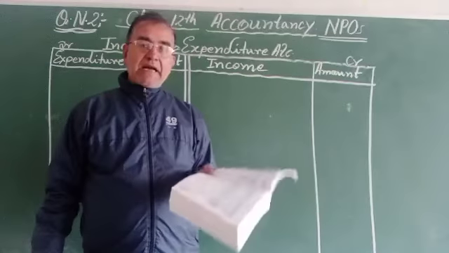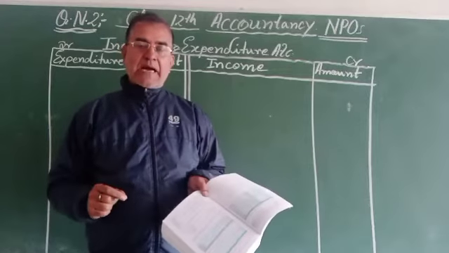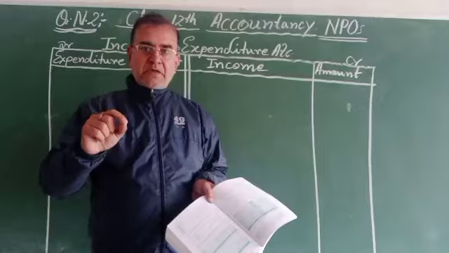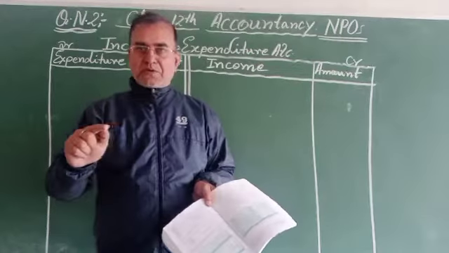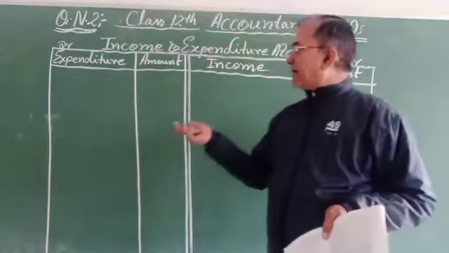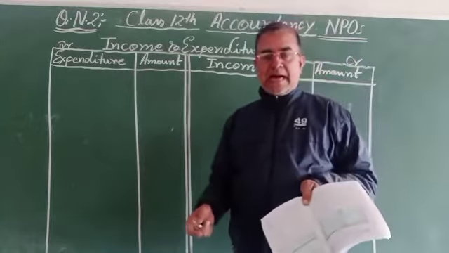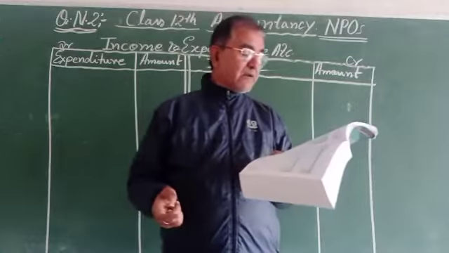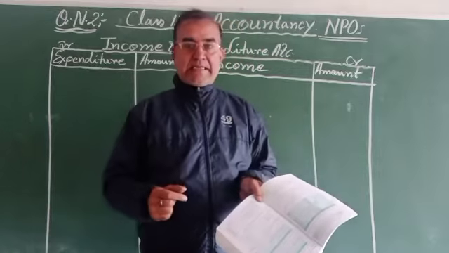I would like to read the question first, and the information will tell you how the transactions of the NPO will be debited or credited, and what is the revenue receipt and what is the capital receipt.